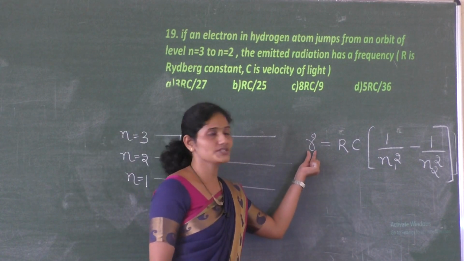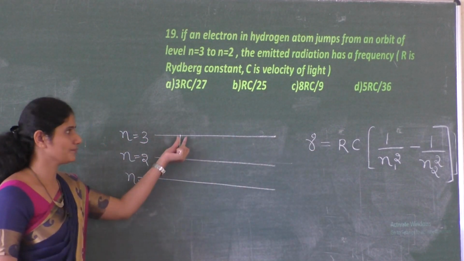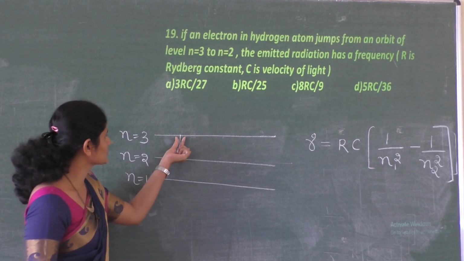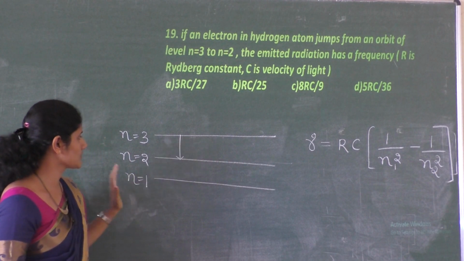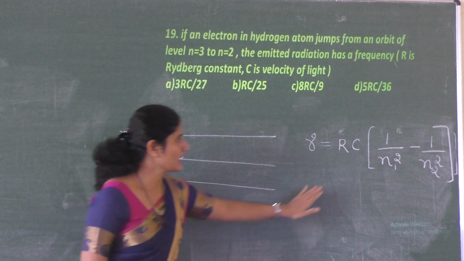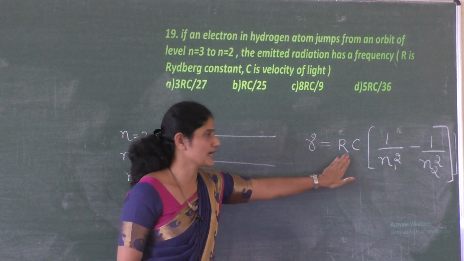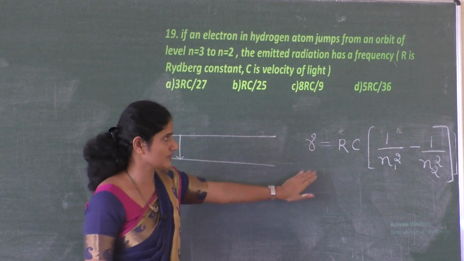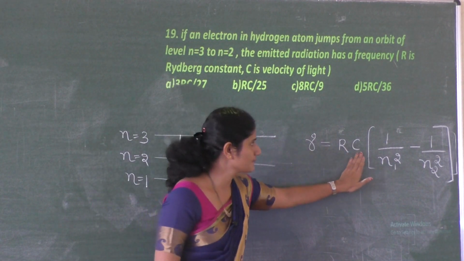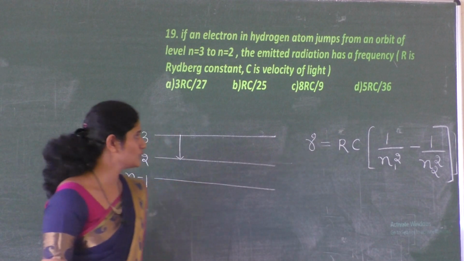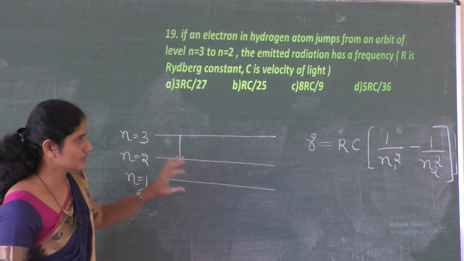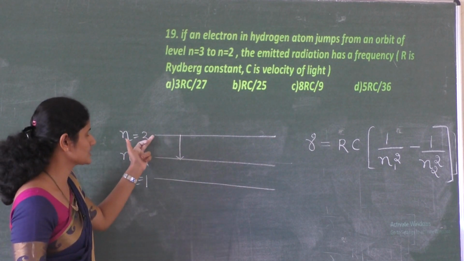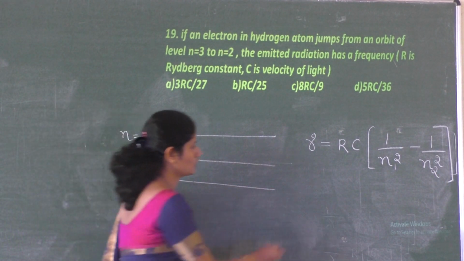Here nu is the frequency of the radiation emitted, in this case when an electron jumps from level 3 to 2. R is Rydberg constant, whose value is 1.097 into 10 to the power 7. C is speed of light. n1 is the landing orbit, n2 is the orbit from where the electron is jumping. So n2 is 3, n1 is 2.